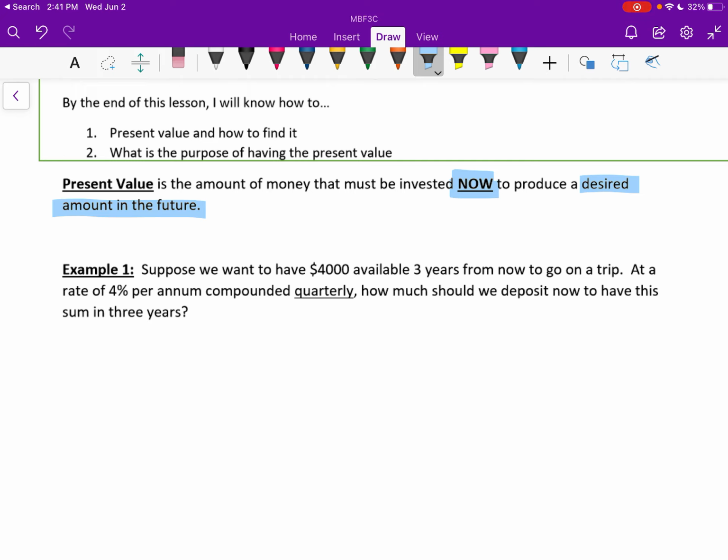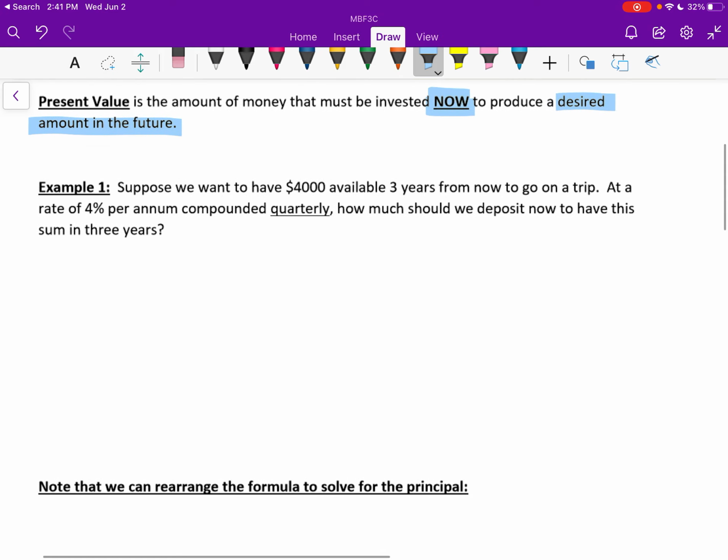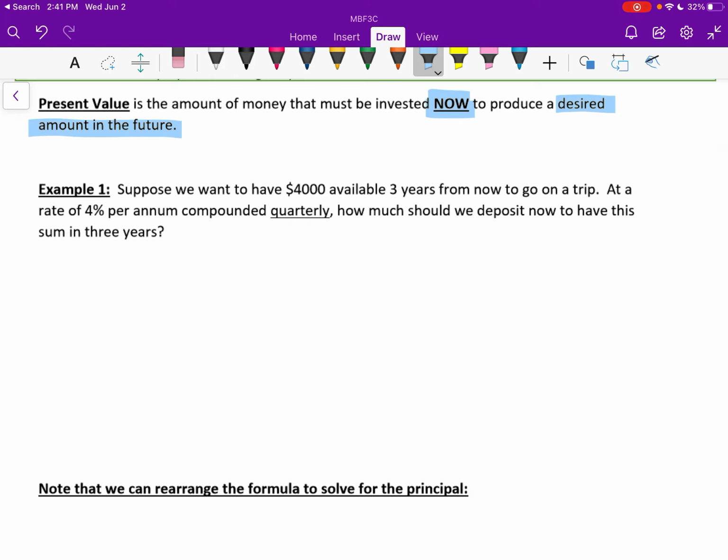So usually when a child is born, you'll buy them an RESP, which is a registered education savings plan. So you put in a set amount of money, and you just leave it in the bank account and it grows. You can figure out how much you need to invest now to have a desired amount in the future by using this present value statement.